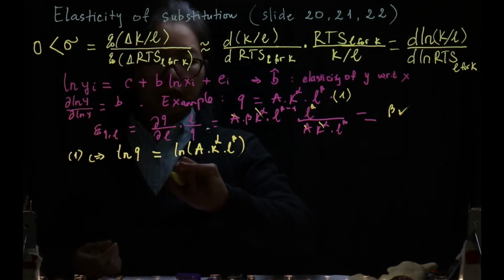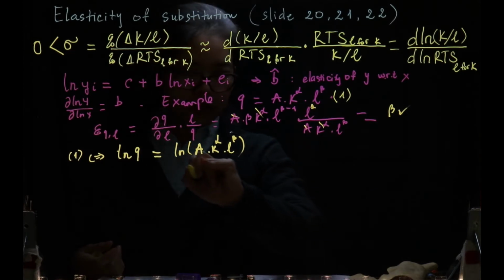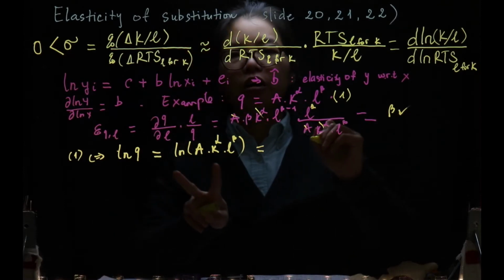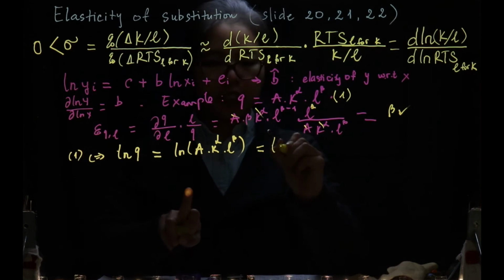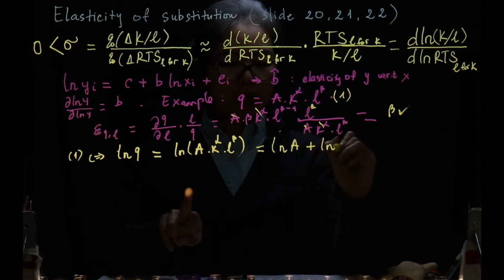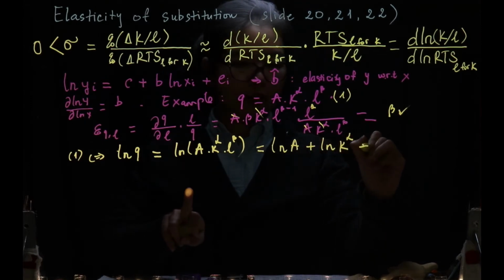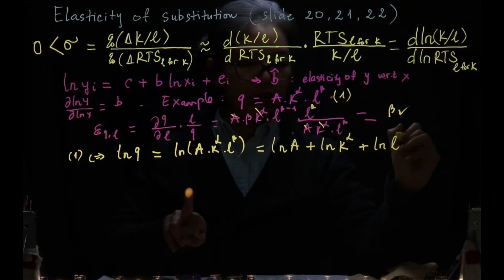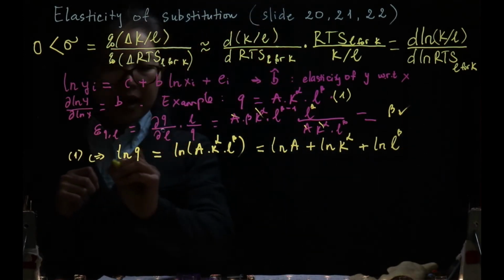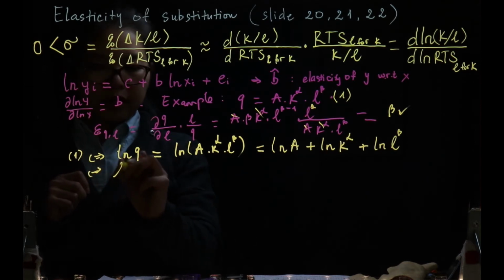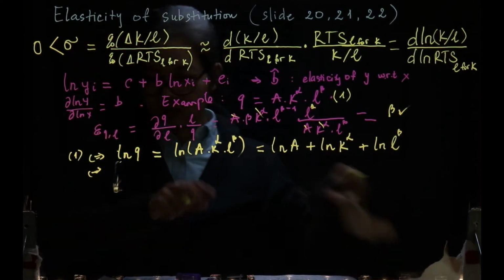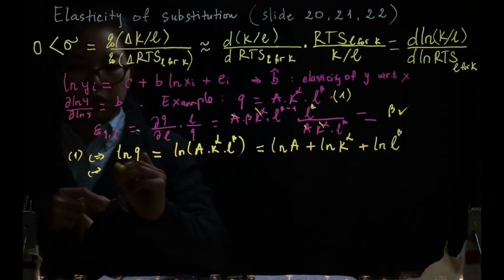By definition, the natural log of a product of many factors equals the sum of the natural logs of each of these factors, which is ln A plus ln K to the power of alpha plus ln L to the power of beta, right? Okay. And then you can also rewrite it.